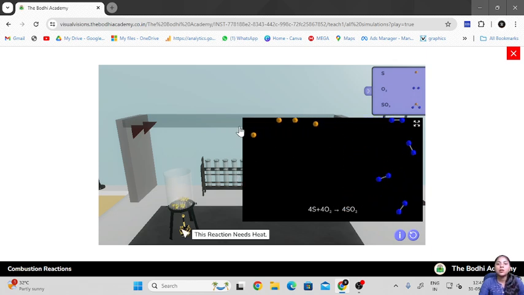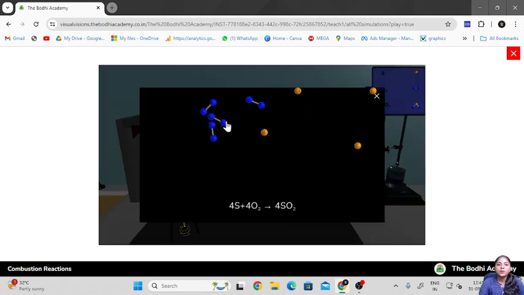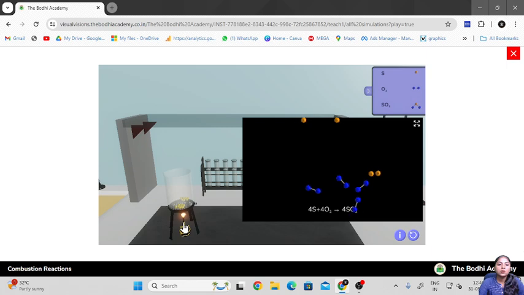So these are our atoms of oxygen and sulfur. See here, the blue ones are the oxygen molecules and the yellow ones are the sulfur. So we will provide the heat, and in the reaction there will be generation of heat and light in the form of flame. You can see here.